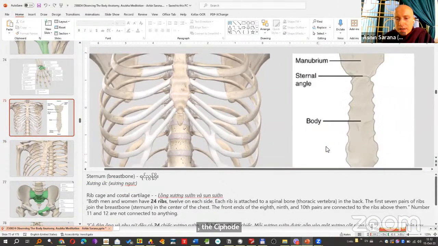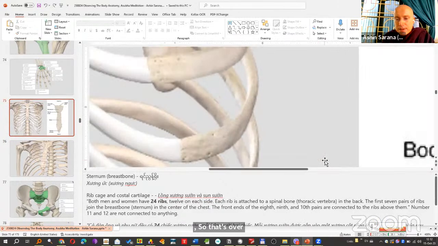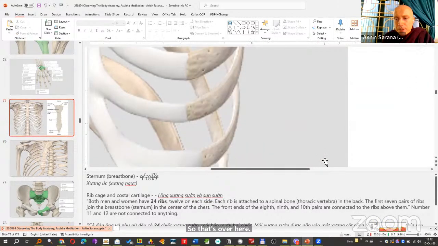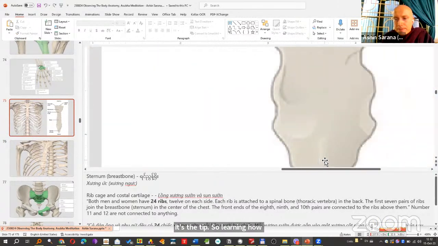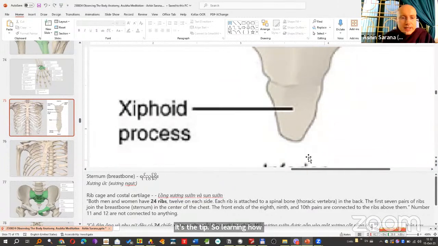So that's over here. It's the tip. So here, this xiphoid process, the tip of the sternum, is fragile. And why is that important?